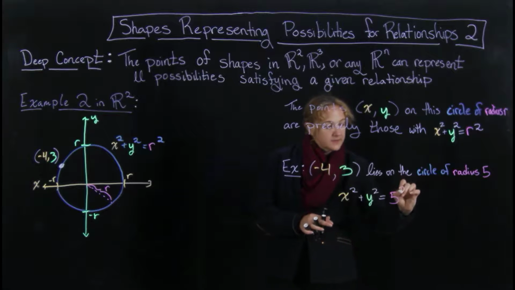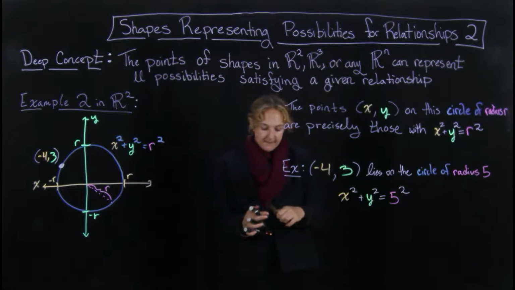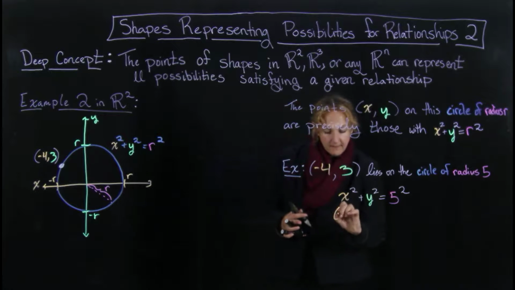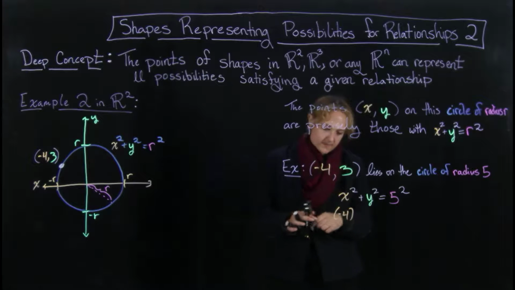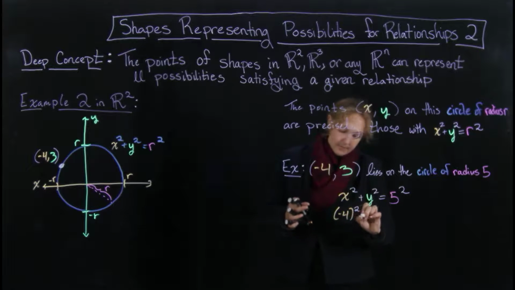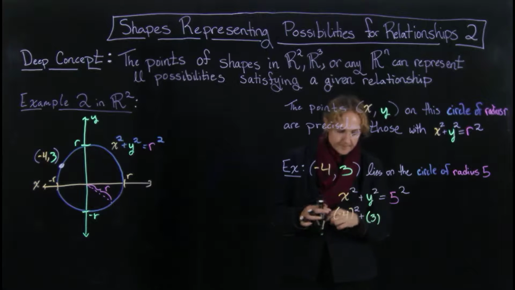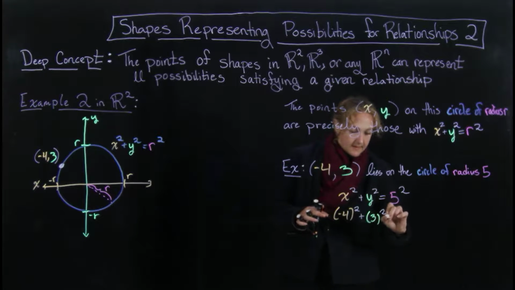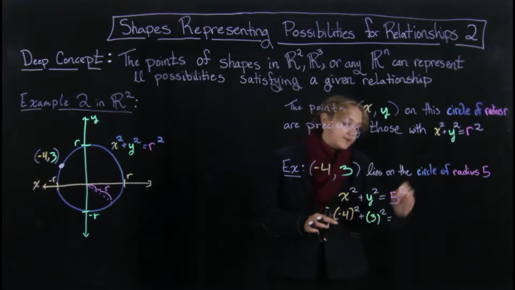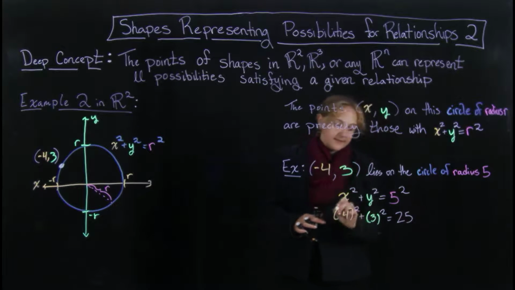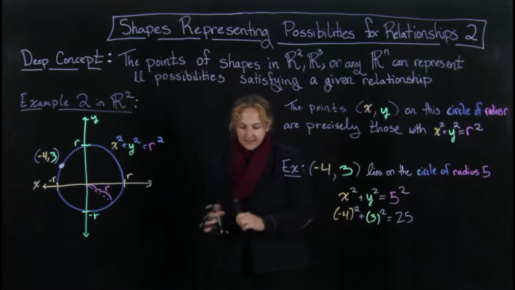And if you check, you actually have it. So you have minus 4 squared plus 3 squared equals 5 squared, 25. So this does actually equal this, because this is 16 plus 9. So that does actually equal 25.